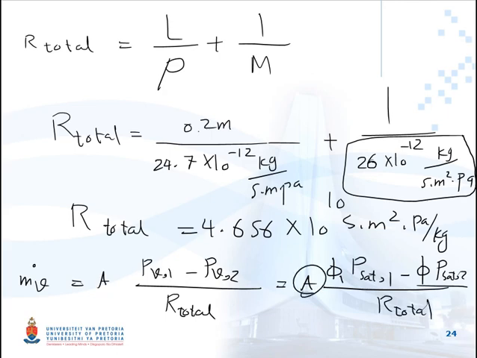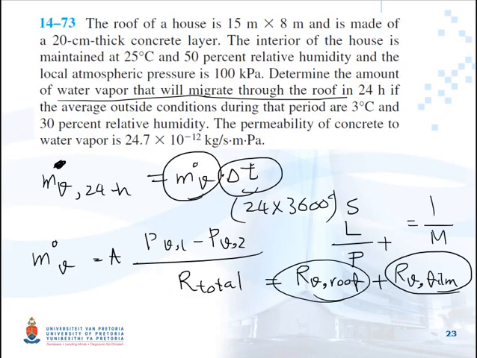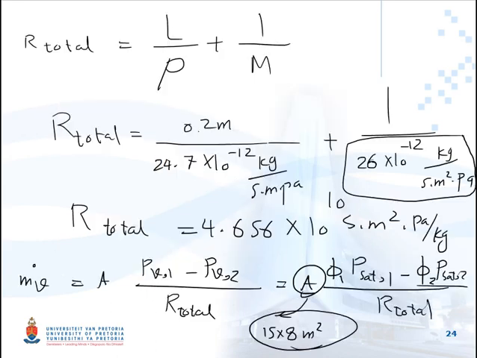Surface area, do we have it? Yes, it's given, 15 multiplied by 8 square meter. How about phi1 and phi2? We go to the question and see if we can find it. Yes, relative humidity, we have it: 50% and 30%. So 50% is 0.5, 30% is 0.3.